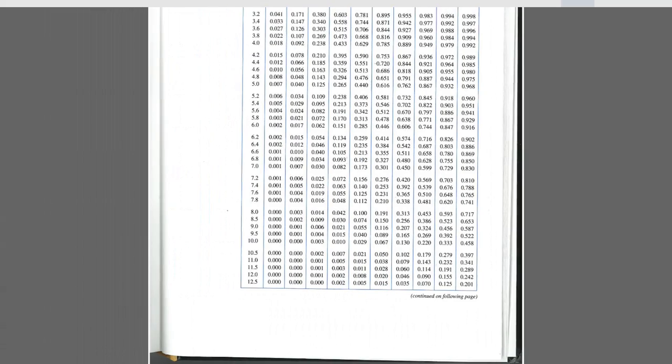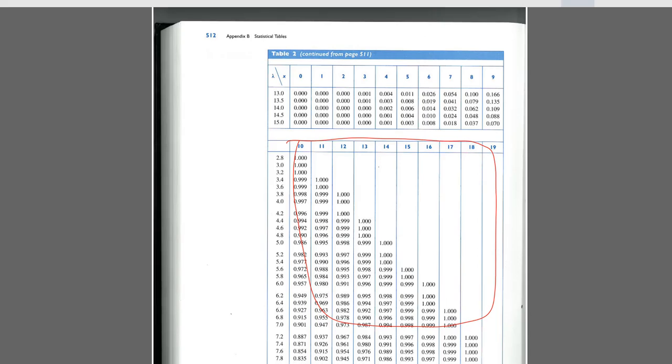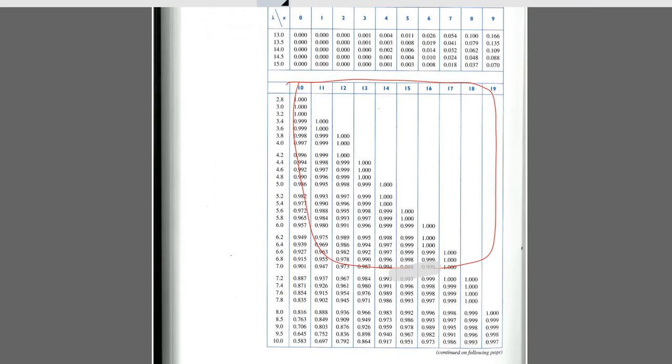That's why sometimes students, for example, are looking for lambda equals 8 and x equals 11, and they realize, oh, why does the table only cover 9? No, it's on the next page. So when lambda equals 8, right here, and x equals 11, you read this number. Okay, so when you read this table, you have to be careful.